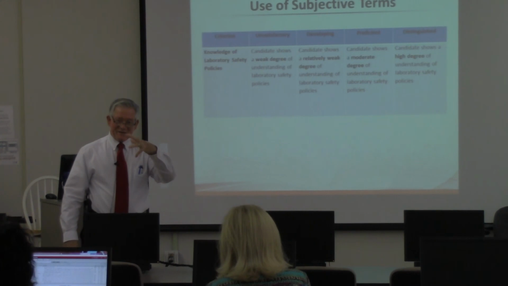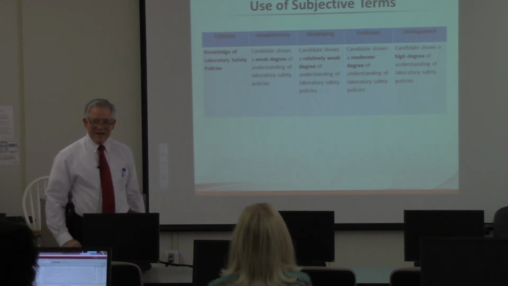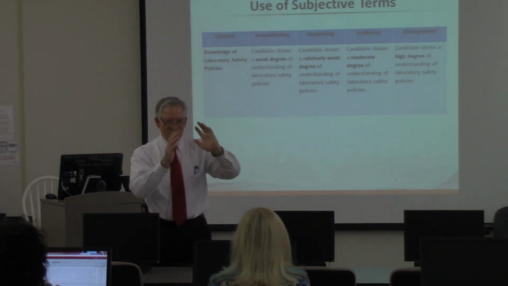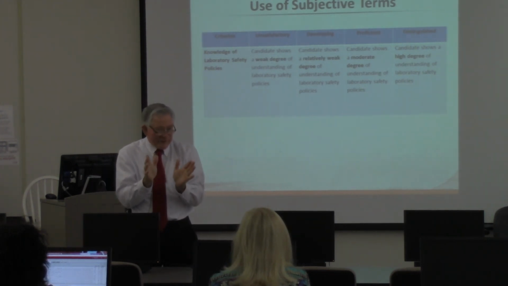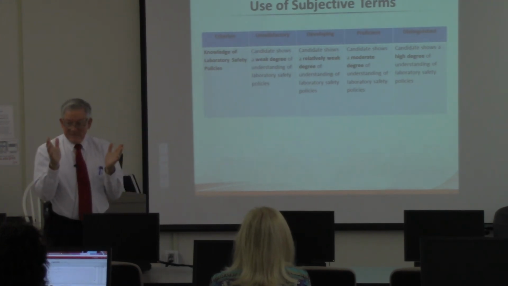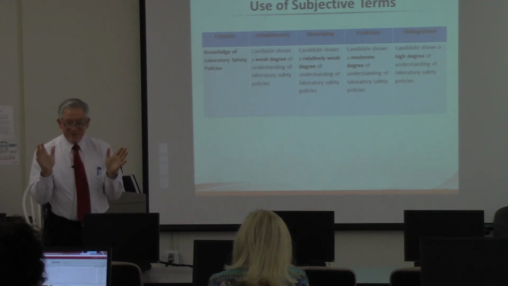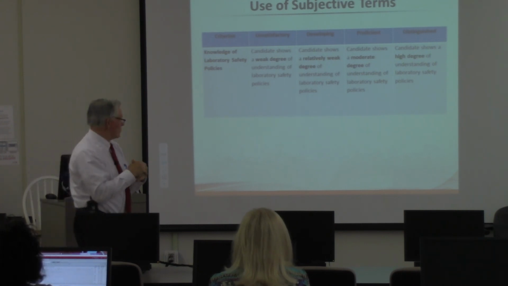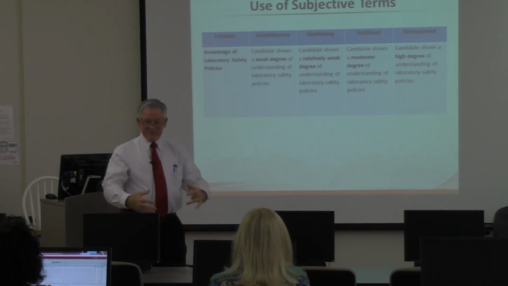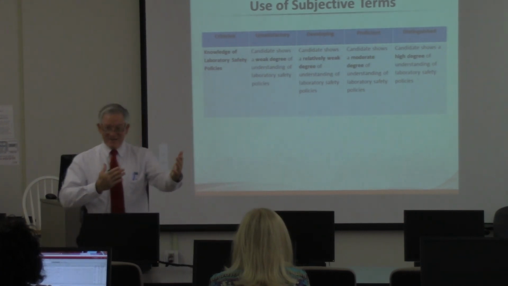And Dr. Tomine, in evaluating a similar rubric, said, I have yet to have anybody be able to describe the difference to me between weak and relatively weak. Again, there's no way you can have inter-rater reliability with that because it's so subjective and no criteria there. And candidate shows a high degree. What's the difference between moderate and high? You know.